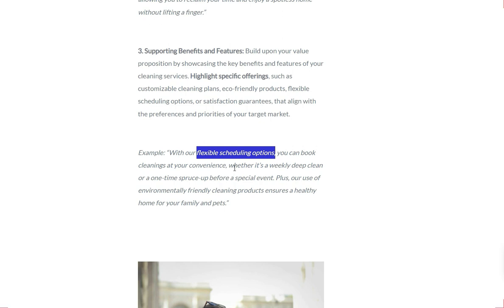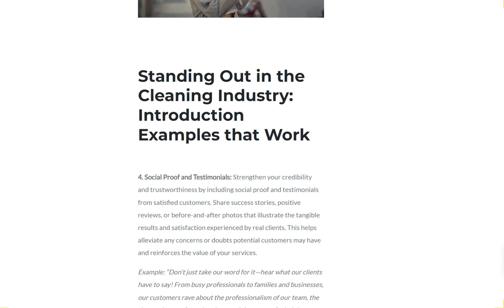It can also be a big deal for offices because nowadays they are using all of this remote work, and the schedules can be odd. They could work until 7 o'clock at night, or maybe they start their day at 7 in the morning. So flexible scheduling can also apply to office cleaning.